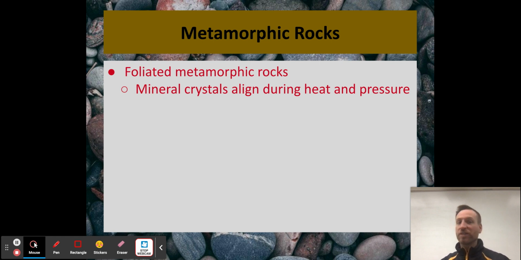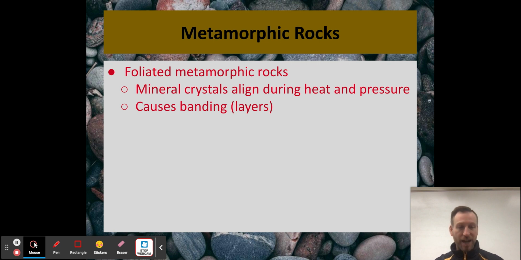The crystal structure gets rearranged to make this new rock. And it usually creates a huge clue that we have a foliated metamorphic rock. And that's where you see banding, like stripes. Because literally the minerals are going to line up in straight rows.